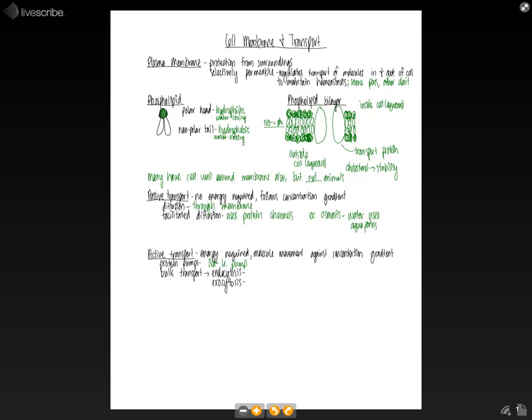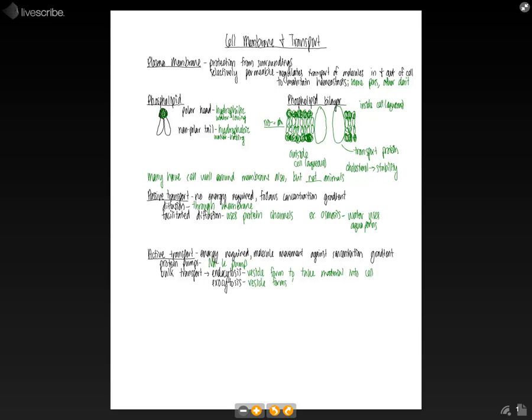And another way is through bulk transport. We have endocytosis, which is when a vesicle forms to take material into the cell. That's going to require energy. And then exocytosis is just the opposite.